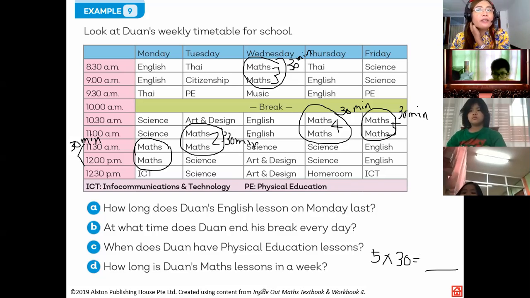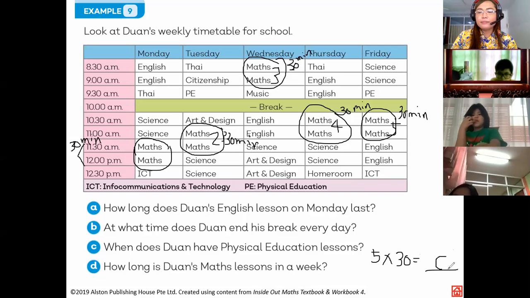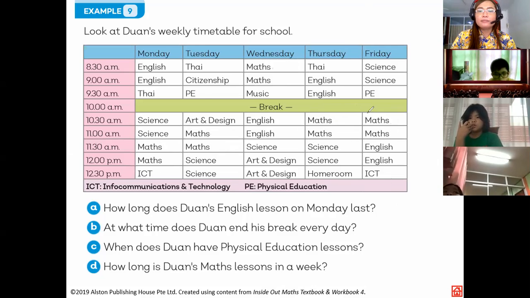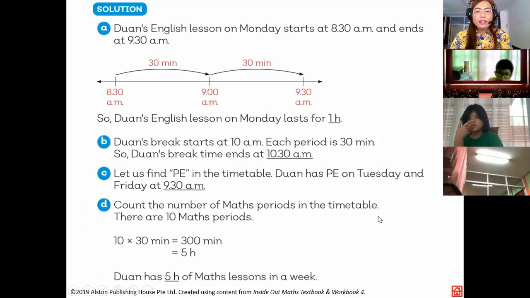150. Okay. How many hours? How many hours in 150 minutes? So 2 hours. Okay, I'm sorry, class.